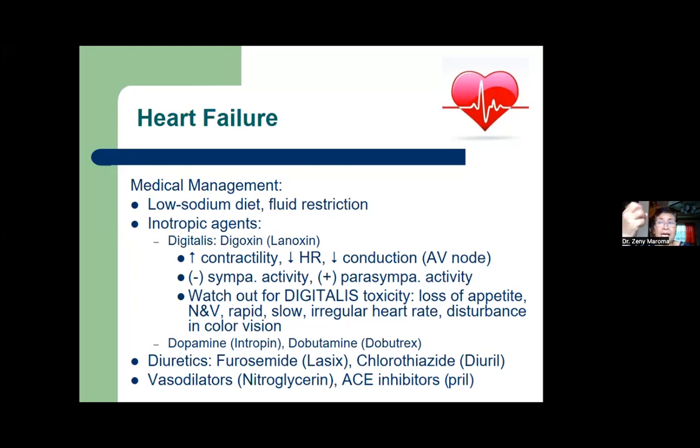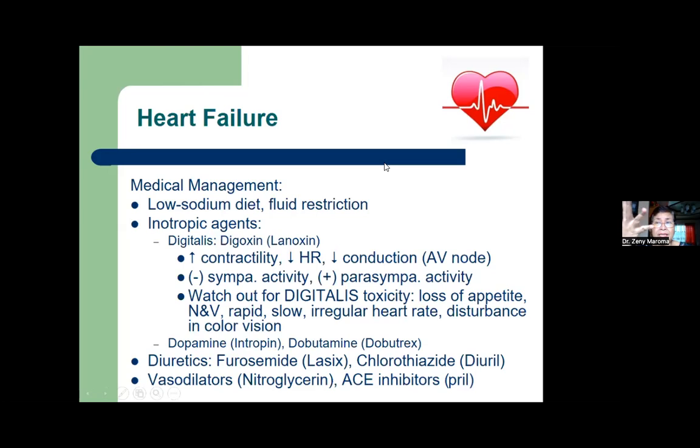Kung si patient na nagtatachycardia kanina, ito ngayon, it increases the force of cardiac contraction, and therefore it increases stroke volume. Okay. And it slows down heart rate. It slows down conduction. Applying now pharmacology.